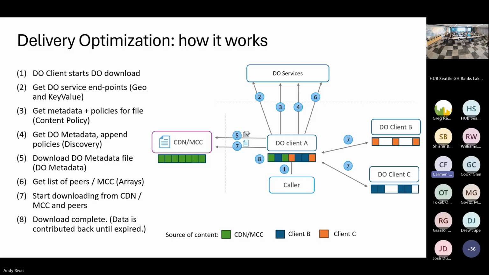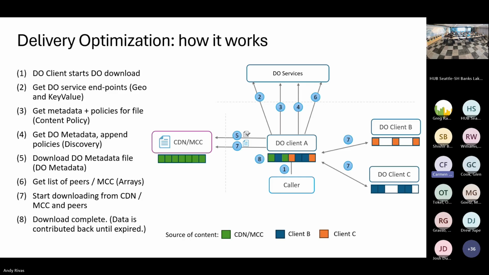It initiates a download and then immediately goes to the service, and one of the particulars of that service is that it hits something called the GO endpoint. The GO endpoint's main role is to get the location or region of the device and return a country code so it knows where it's at. At that point, it talks to another microservice called key value.